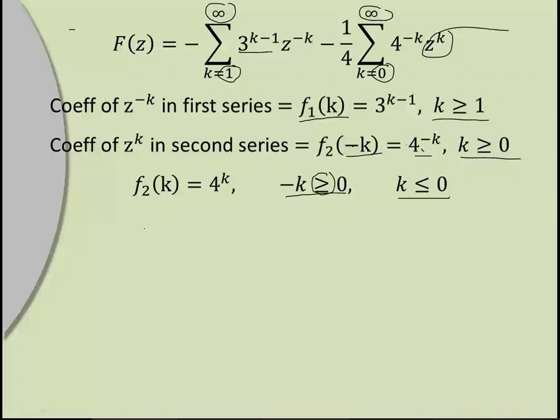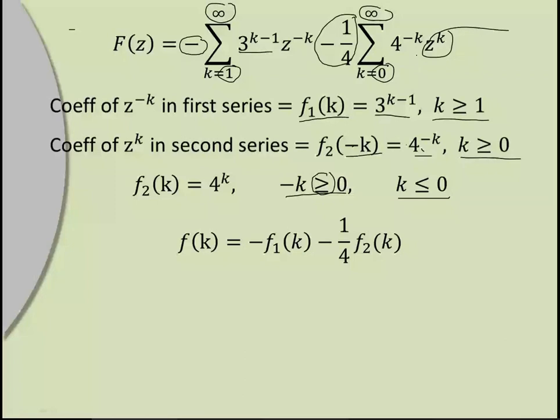So what will be f of k? F of k will be minus of this term. What is this term? It will be 3 raised to k minus 1 minus 1 by 4 into 4 raised to k, that is f2 of k, and f2 of k is 4 raised to k, f1 of k is 3 raised to k minus 1.